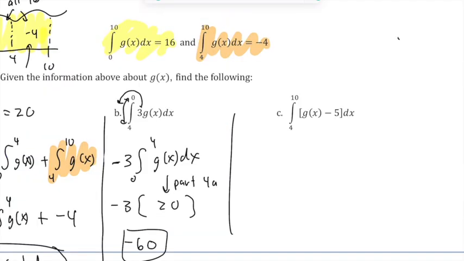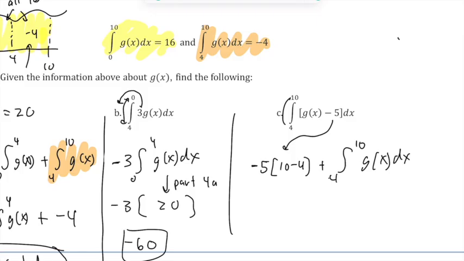Okay, so now we have a constant. We know that we can pull out that constant and multiply it by the boundaries from 10 to 4. And then plus, do my integral from 4 to 10 of g of x dx.